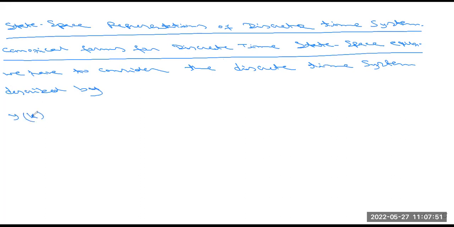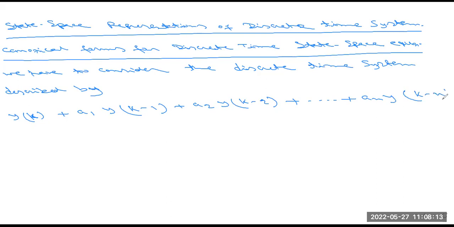y(k) plus a1 y(k minus 1) plus a2 y(k minus 2) plus dot dot dot plus an y(k minus n), equal to the input part, b0 u(k) plus b1 u(k minus 1) plus dot dot dot plus bn u(k minus n).